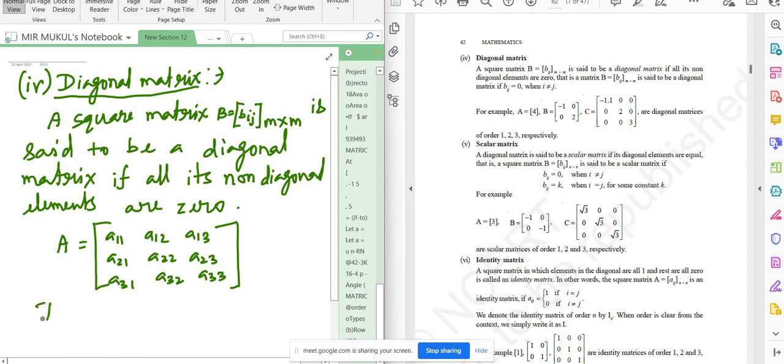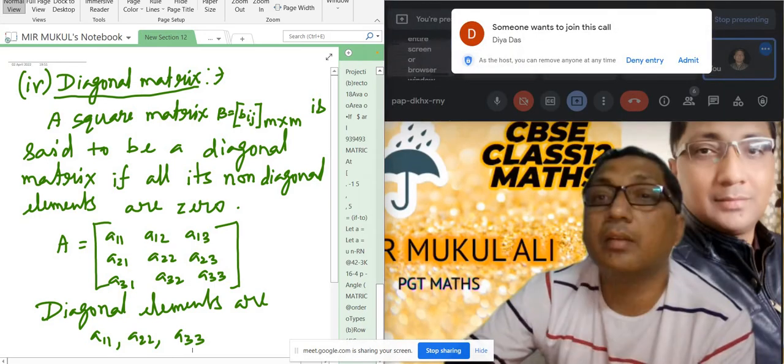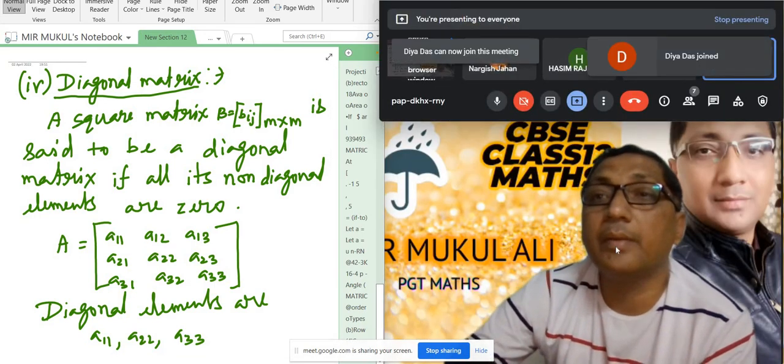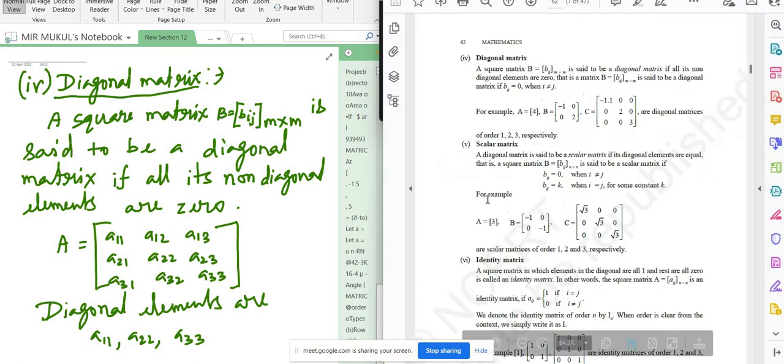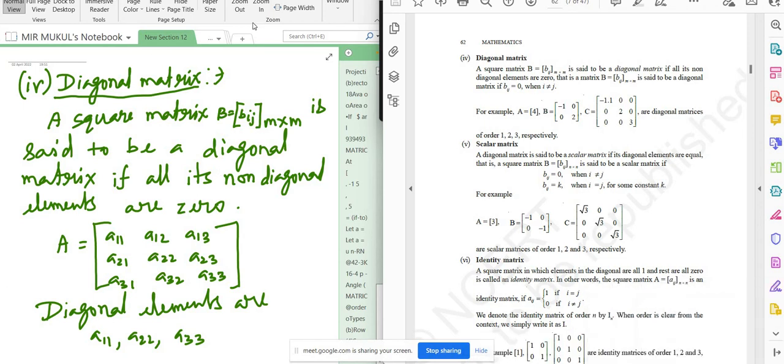So diagonal elements are what? A11, A22 and A33. That means if row number and column number are the same, that is a diagonal element, right? So I hope you understood the diagonal element I explained.